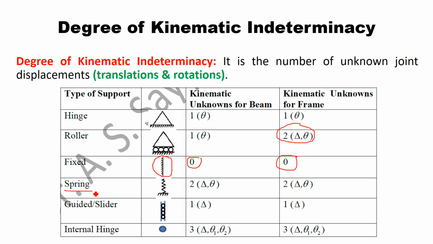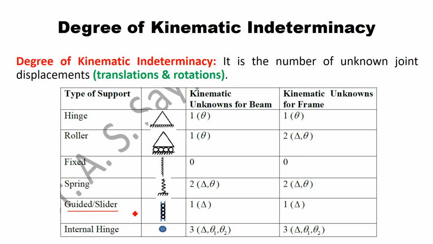Similarly, if spring support is provided, spring support behaves like a simple support, so there is a rotation at spring support, and since the spring is subjected to vertical compression, vertical displacement is allowed, so that is called delta. So degree of kinematic indeterminacy at spring support is 2, one is theta, second is delta. So degree of kinematic unknowns at spring are 2.